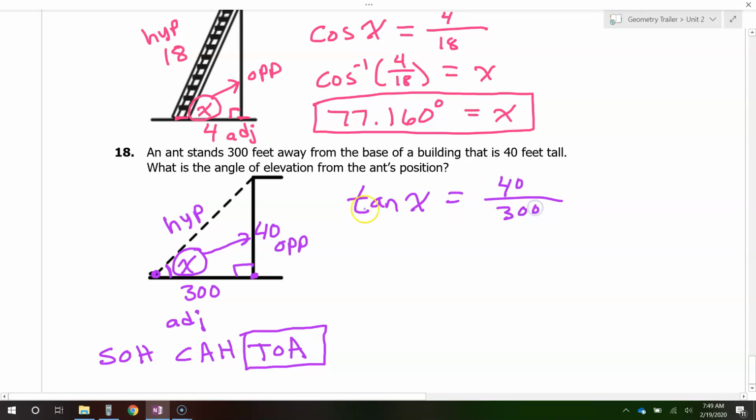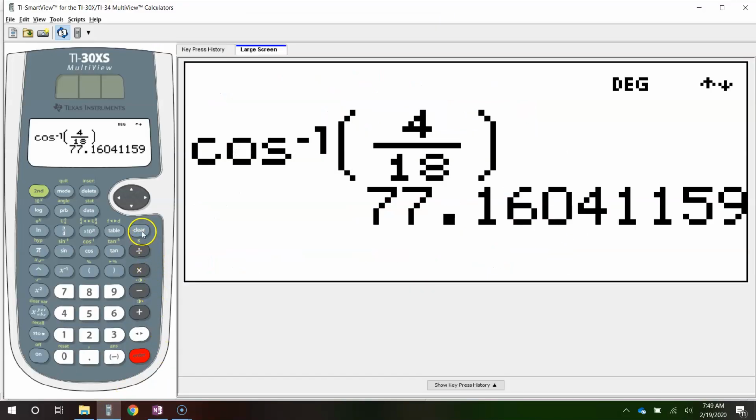Do we multiply, swap, or inverse? Well, just like the last problem, when the variable is inside the trig function, that is when we inverse. So we will do inverse tangent of 40 over 300. And that's a calculator thing.